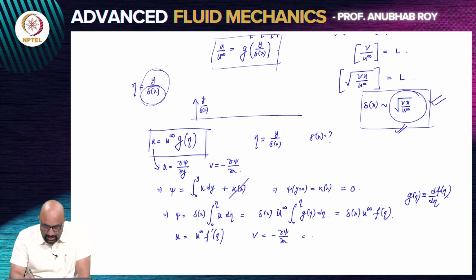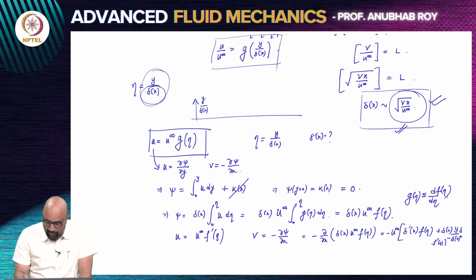Minus dou psi dou x can be written as minus dou x of psi, which is delta of x u infinity f of eta, which I can write as minus u infinity delta prime of x f of eta, and then I will have plus delta of x d eta dx, which would be y by minus delta x whole square delta prime of x into f dash of eta.